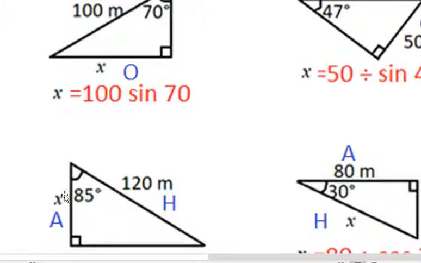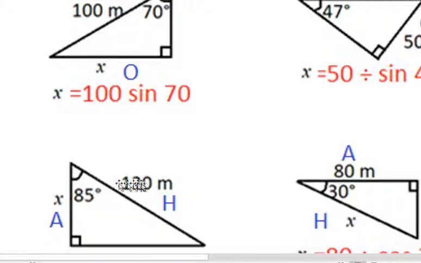Now, next to the angle that's given, 85 degrees, we have the adjacent side, and if it's a letter or a number here on the outside, then we need to label it. It gets labelled as A for adjacent, meaning next to the 85 degrees.